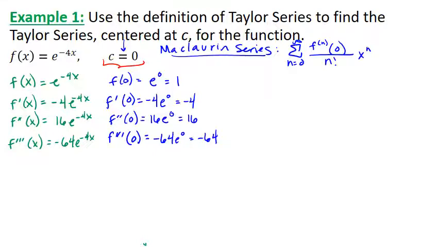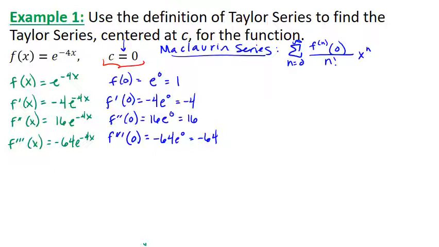So we are looking for the Taylor series. So we are looking for something that resembles this. We're looking for a summation. So now that I have this, I can go ahead and start plugging this in and seeing the first several terms.